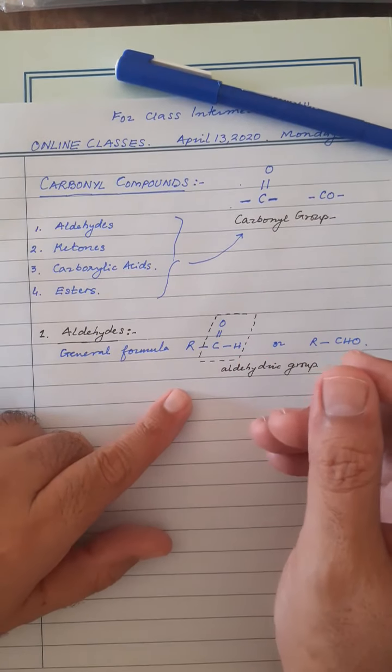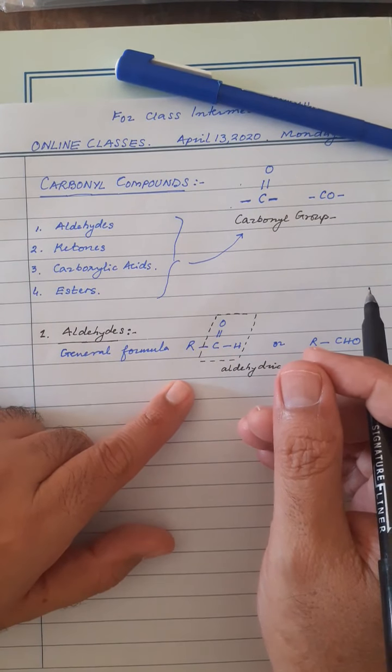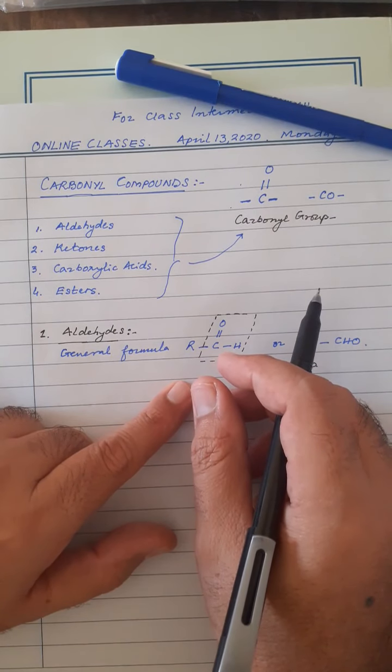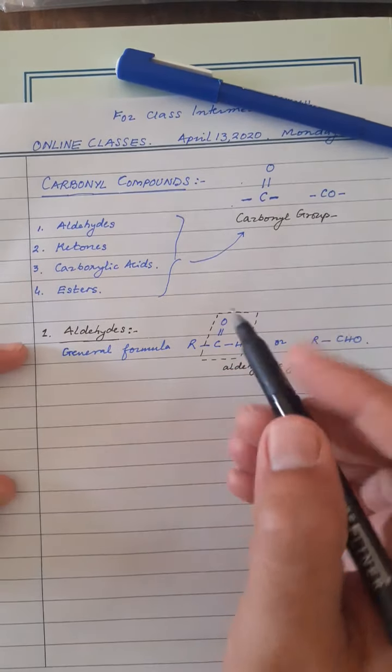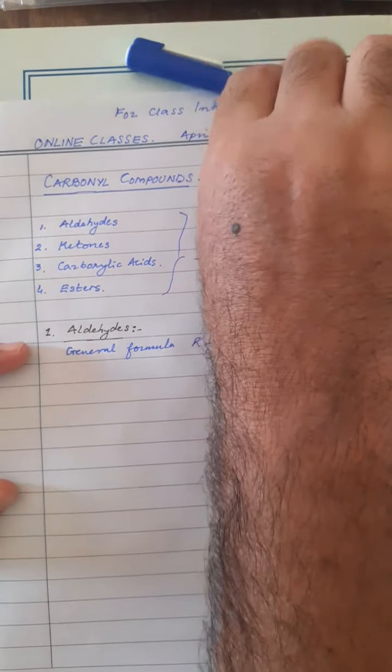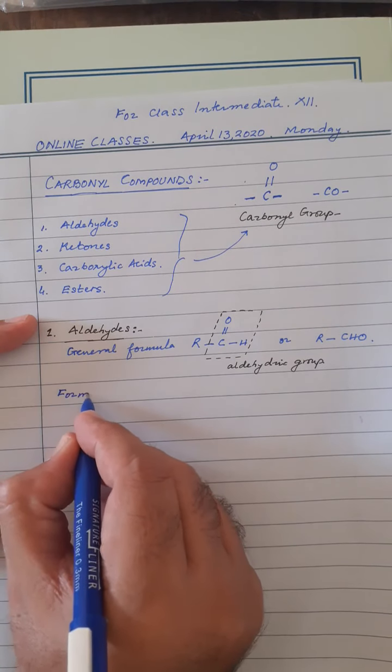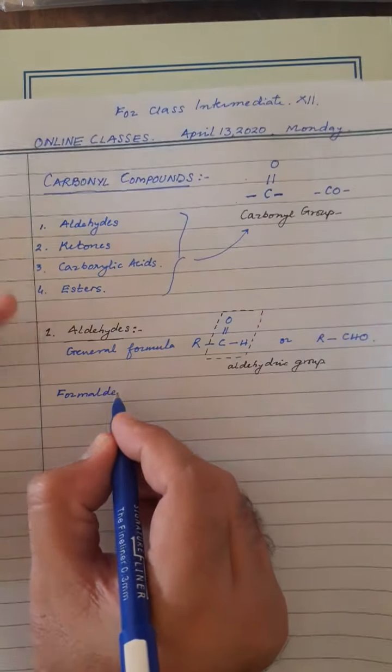Now this general formula is obeyed by all the aldehydes except for the first aldehyde, because the first aldehyde contains only 1 carbon. The first aldehyde is called formaldehyde, and you have seen it already, formaldehyde.